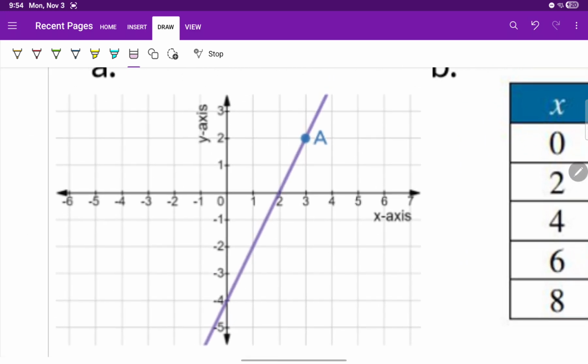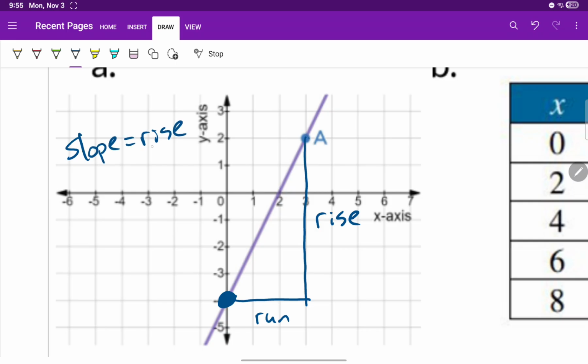For the first one, we are looking at the slope from a graph. When we're doing that, we are finding 2 points, and I am connecting these 2 points with a right angle triangle. We use this triangle to find our rise and our run. Our slope is equal to rise over run. We did this yesterday.